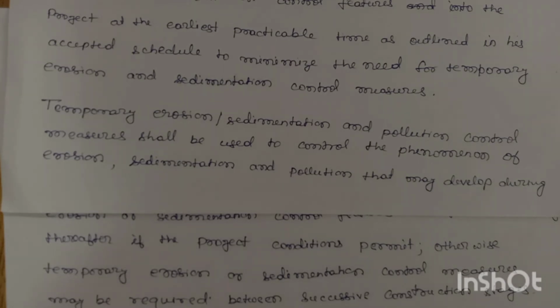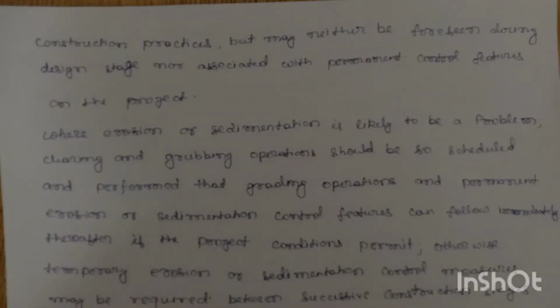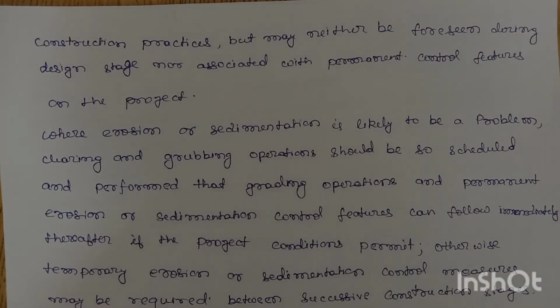Temporary erosion, sedimentation, and pollution control measures shall be used to control the erosion, sedimentation, and pollution that may develop during construction but may not be foreseen during the design stage and associated with permanent control features of the project.